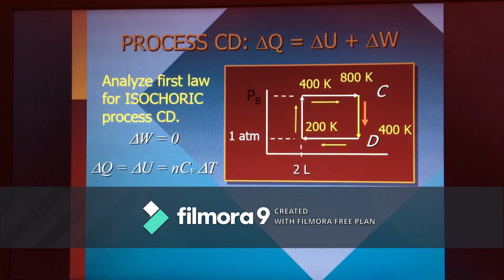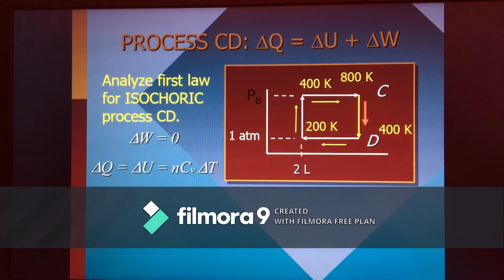But we know that delta U is just the product of the number of moles and the specific heat at constant volume multiplied by the change of temperature from point C to point D. Point D is the final point, C is the initial point.